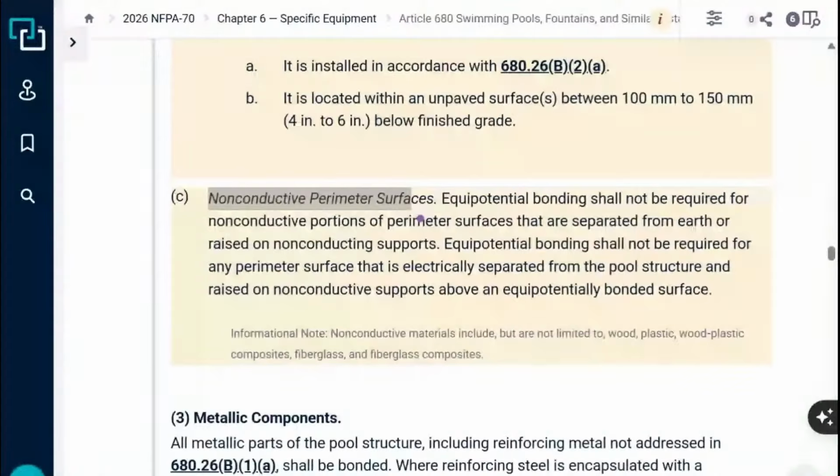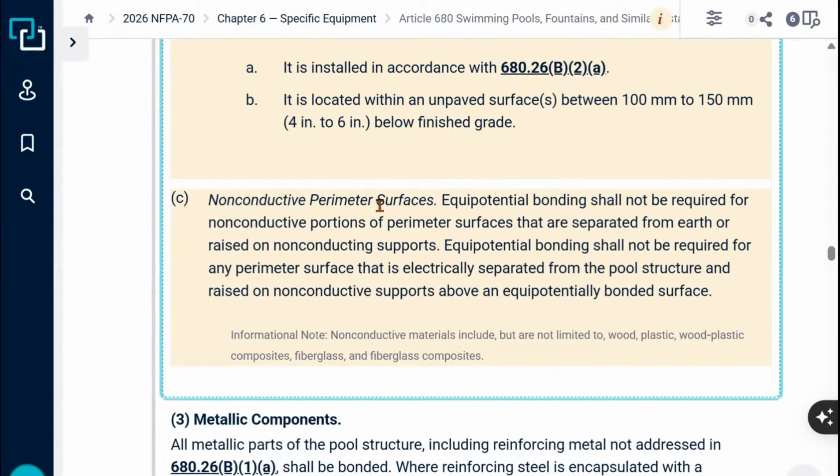All right, so the code says for those non-conductive perimeter surfaces, equipotential bonding shall not be required for non-conductive portions of perimeter surface that are separated from earth or raised on non-conducting supports. Okay, so I guess if you have a non-conductive perimeter, but it is on the earth.